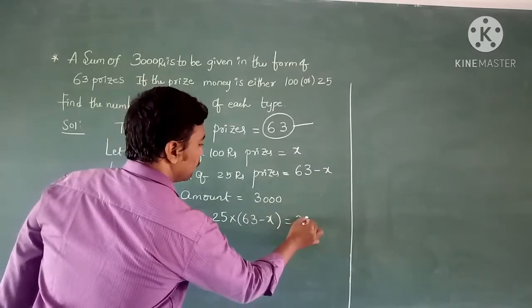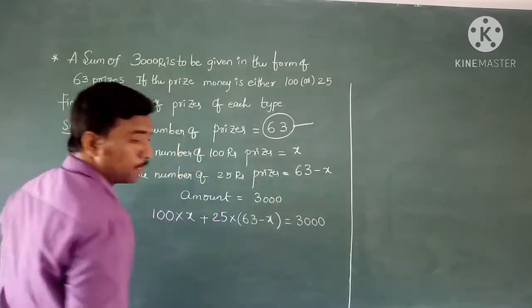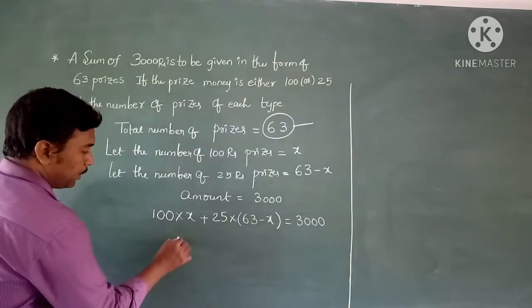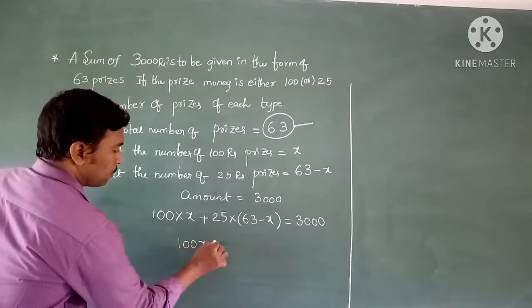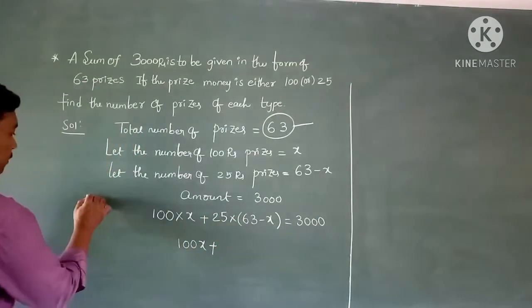The total amount is 3000 rupees. The amount is the number of 100 rupees prizes times 100, plus the number of 25 rupees prizes, 63 minus x, times 25, equal to 3000. So 100x plus 25 into 63.